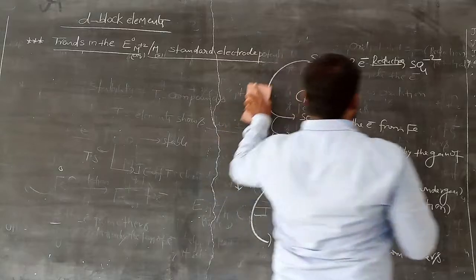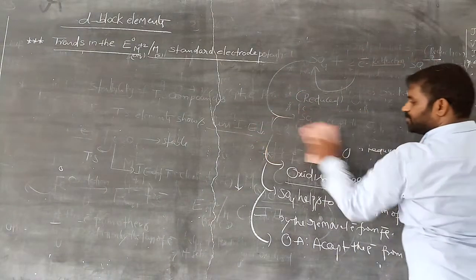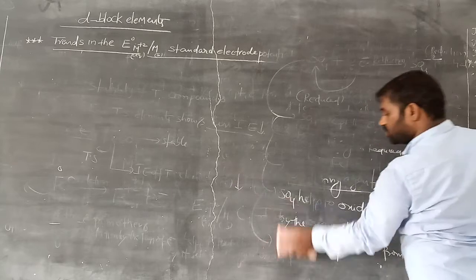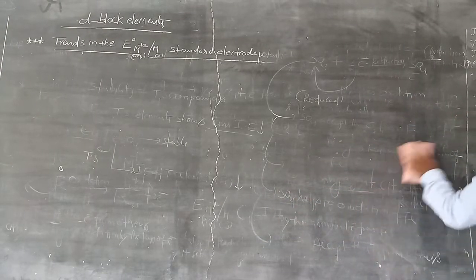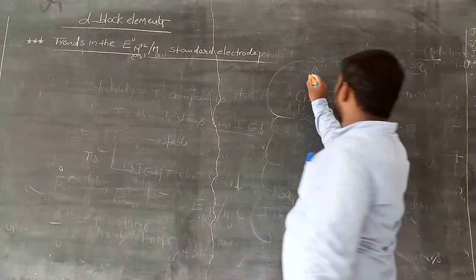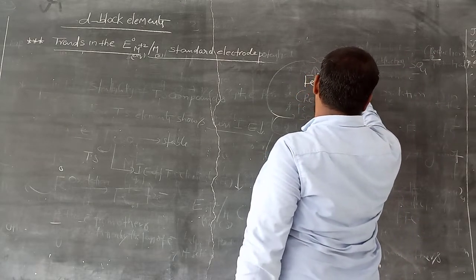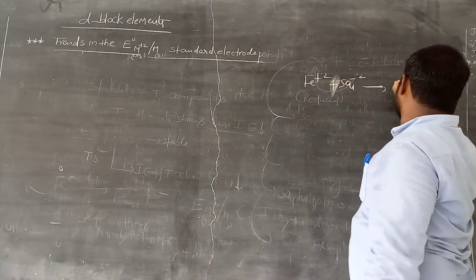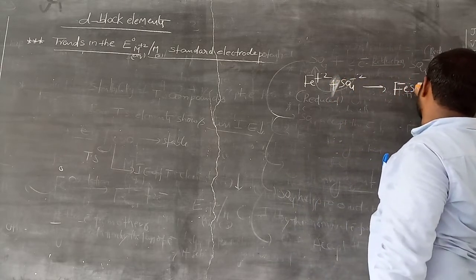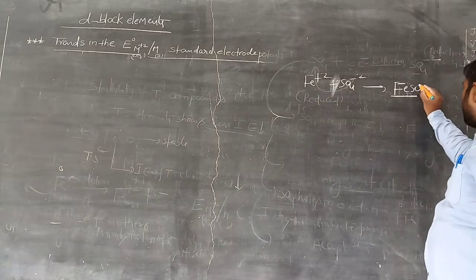So what happened finally here? Fe plus 2 and SO4 minus 2 produce FeSO4, that is stable. So in the first equation, Fe plus 2 and SO4 minus 2 produce FeSO4.